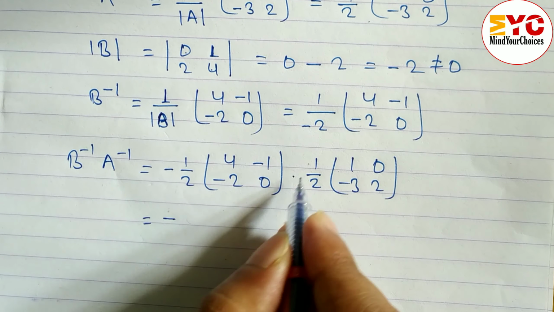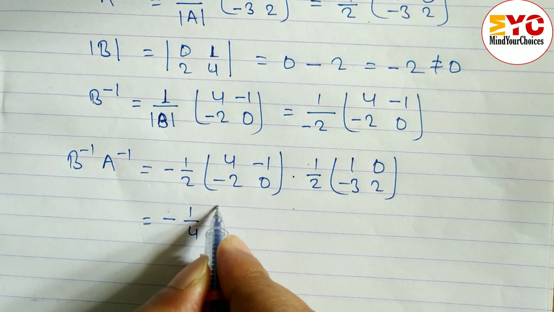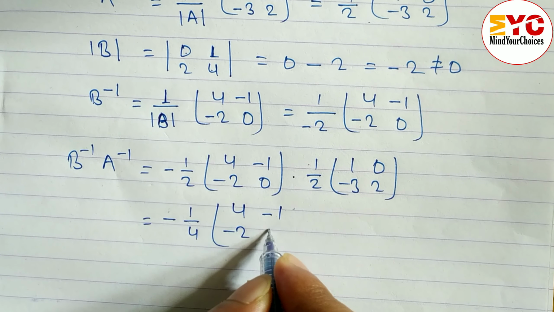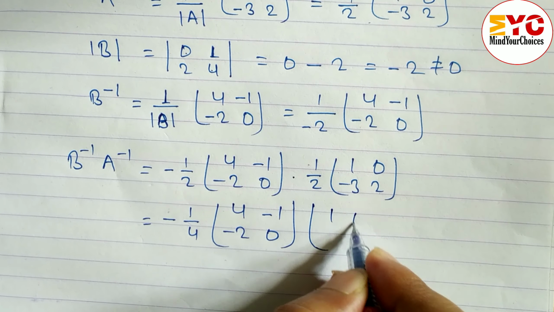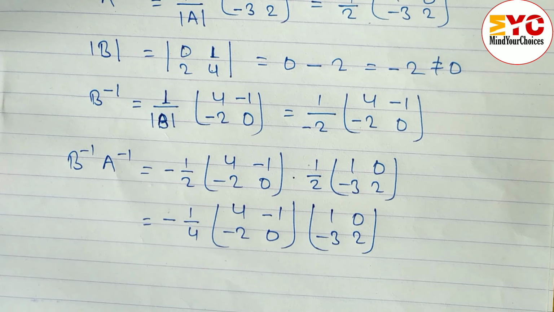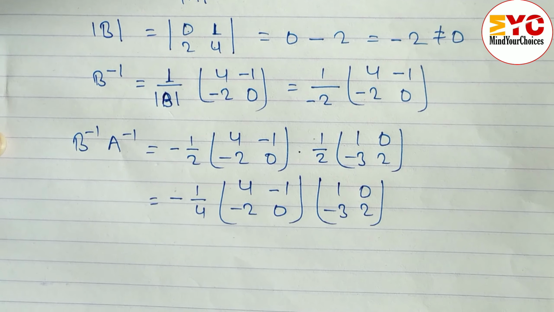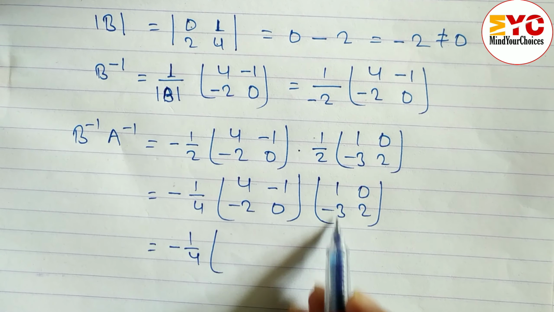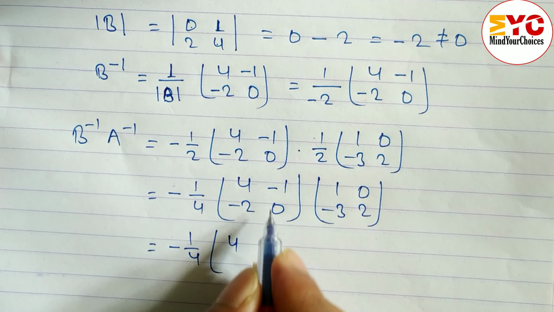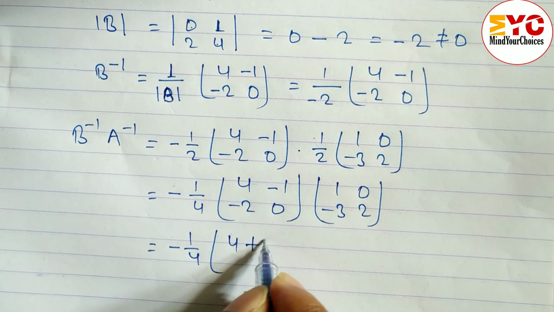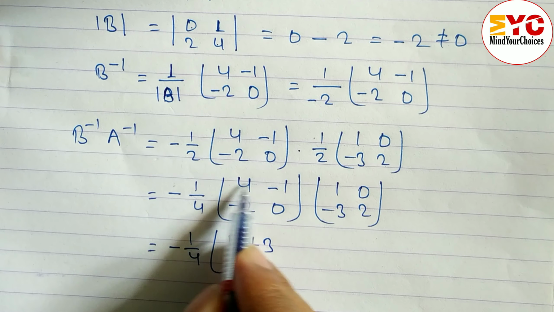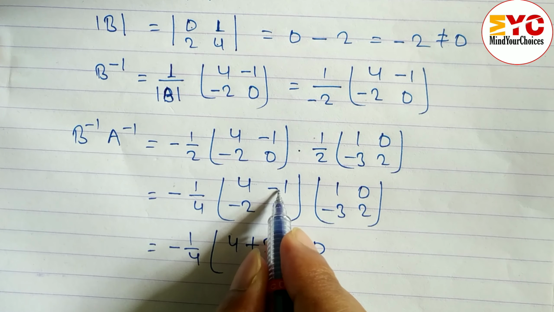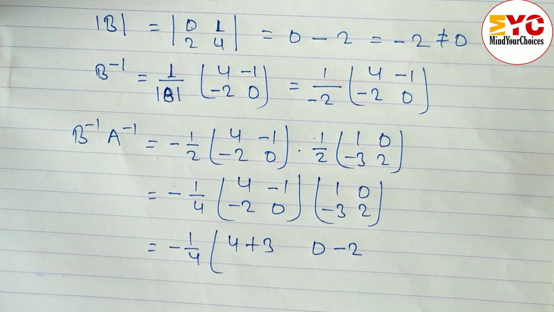Minus 1 by 2 into 1 by 2 gives minus 1 by 4, and these two matrices we have to multiply: 1, 0, minus 3, 2. First row into first column: 4 into 1 is 4, minus 1 into minus 3 is plus 3, so we get 7. First row into second column: 4 into 0 is 0, minus 1 into 2 is minus 2.